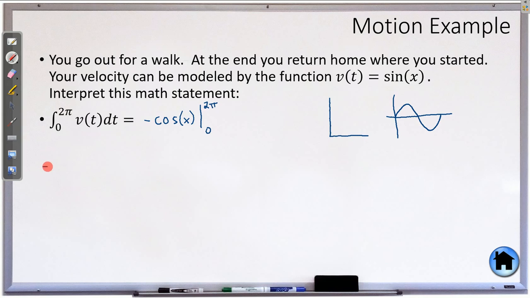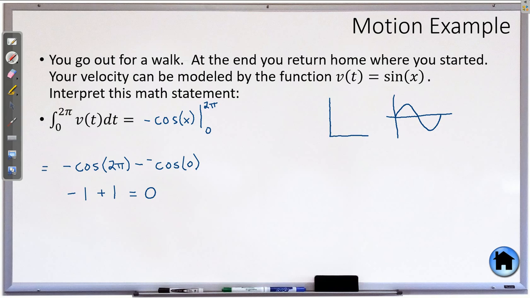I'm running out of room there, so I'll put it over here. So that will be negative cosine of 2 pi. Now, careful with your negatives, minus a negative cosine of 0. Cosine of 2 pi is 1. Minus a negative is positive. Cosine of 0 is also 1, so that is equal to 0.